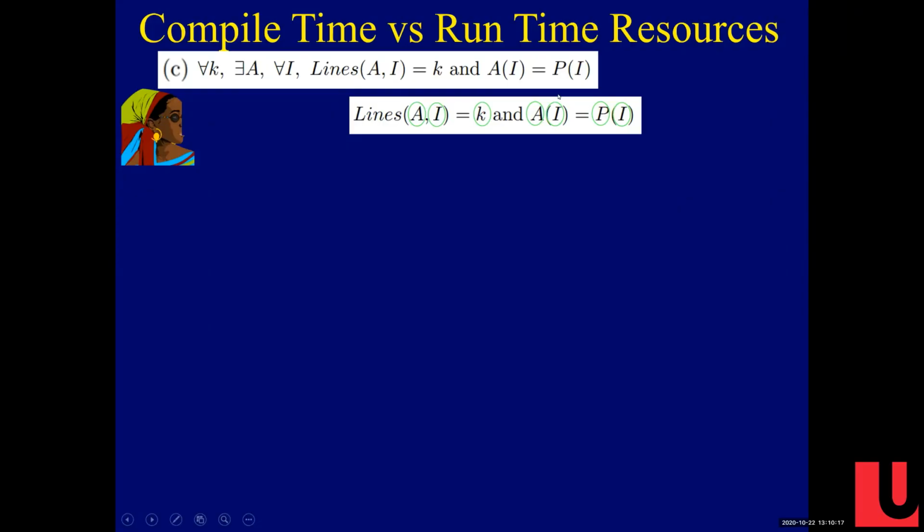Oh, okay. So the A of I equals P of I means that you can make an algorithm assuming that the problem you're given is actually computable? This right here, what does it say? It says algorithm A on input I gives me the required answer for computational problem P on input I. That's what this says.